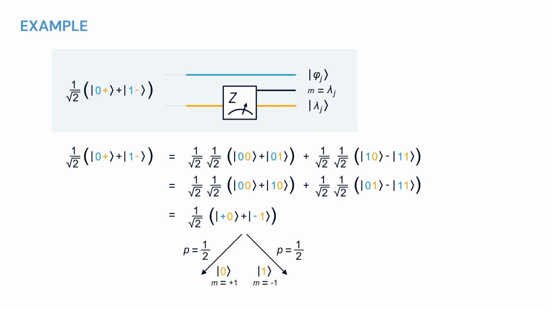We can see that with probability 1/2, we will project the right qubit into the 0 state, while the left qubit is projected to the plus state. And with probability 1/2, we will follow the other path. We will project the right qubit into the 1 state, while the left qubit becomes the minus state.